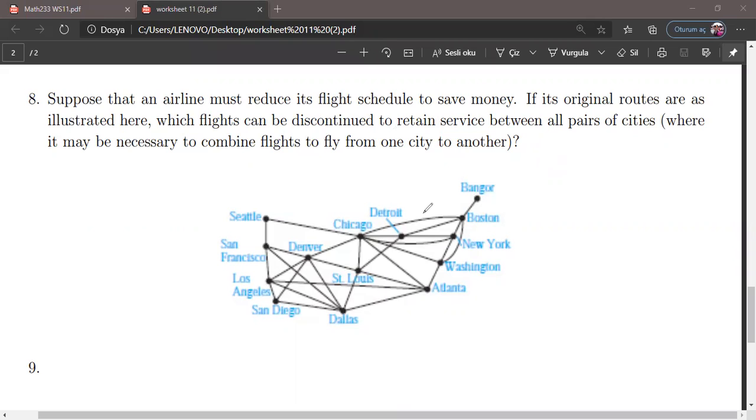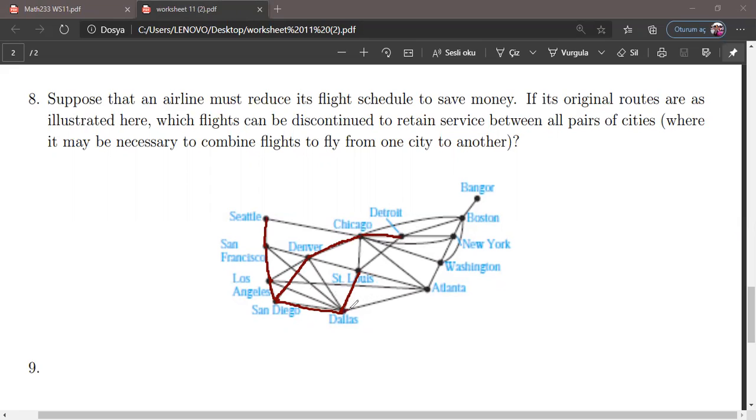So the spanning tree should be a subgraph, so don't forget that. For example, this is a spanning tree. This and this. From Denver to Chicago and Detroit, we have an edge between them, so we can use it.